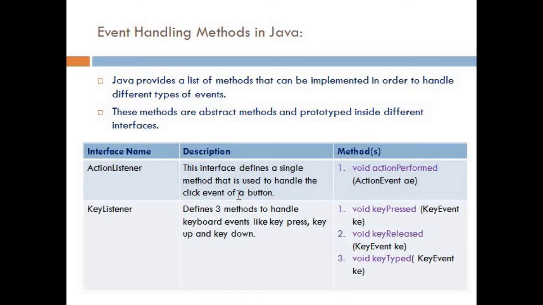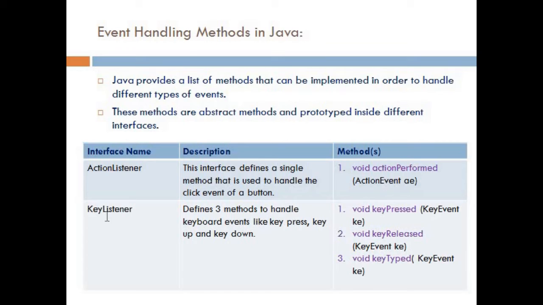The method is void actionPerformed that takes AE as the event message object for the class ActionEvent. And it is this method which shall execute a series of actions in response to the click event of a button.